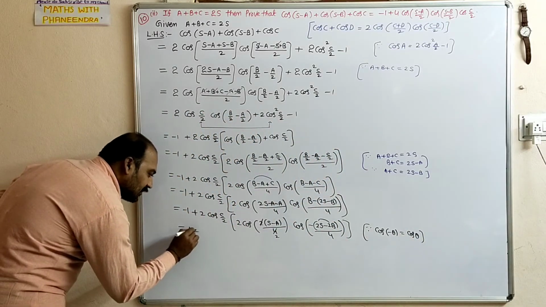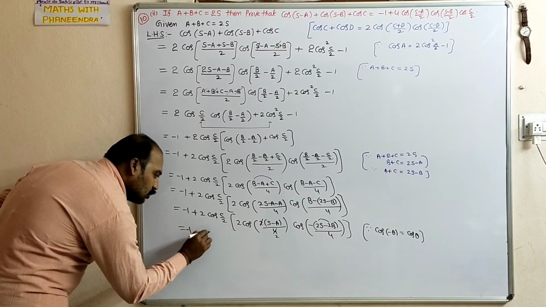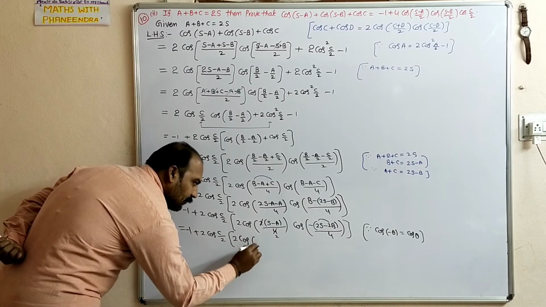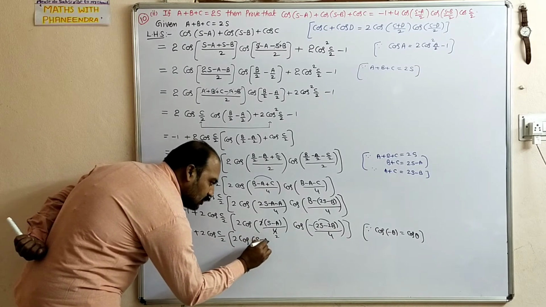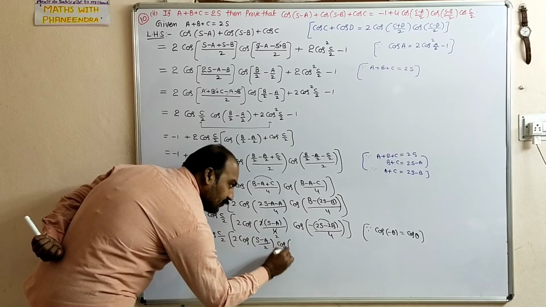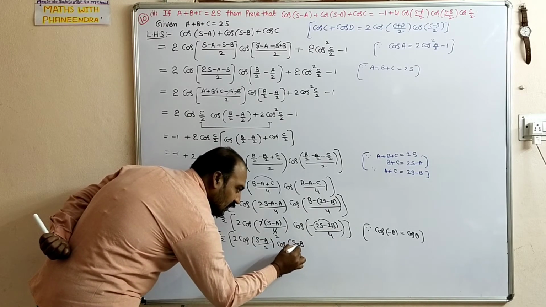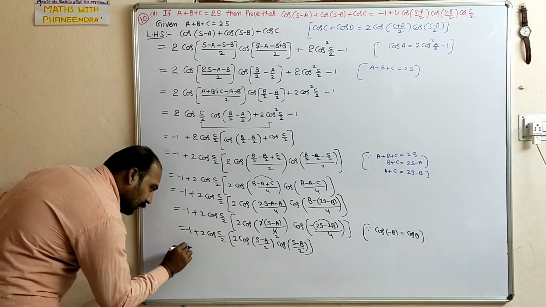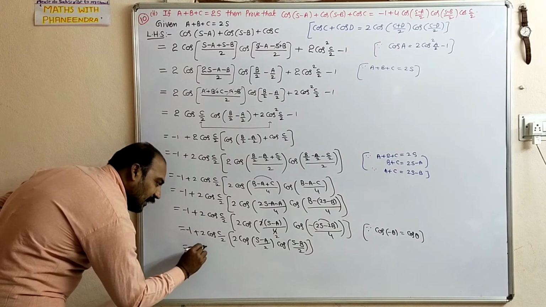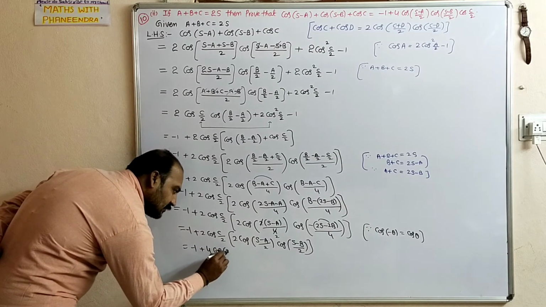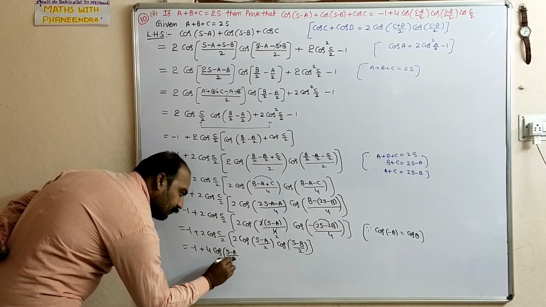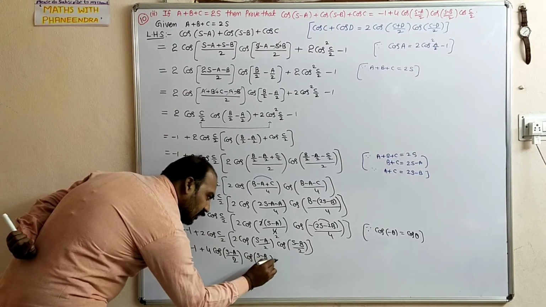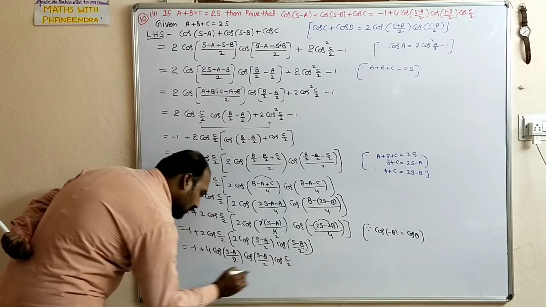So we will get the required RHS: minus 1 plus 2 cos C/2 into 2 cos of (S−A)/2 cos of (S−B)/2. Taking 2 common and cancelling, next step, minus 1 plus 2 to the 4, first A term, cos of (S−A)/2 cos of (S−B)/2 into cos C/2, which is the required RHS.